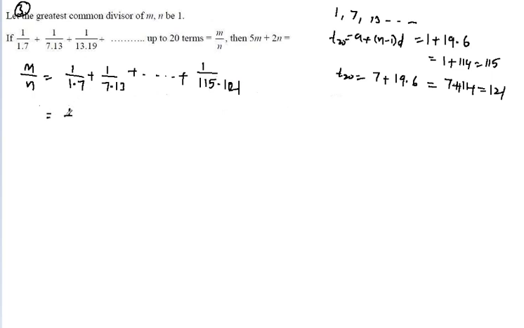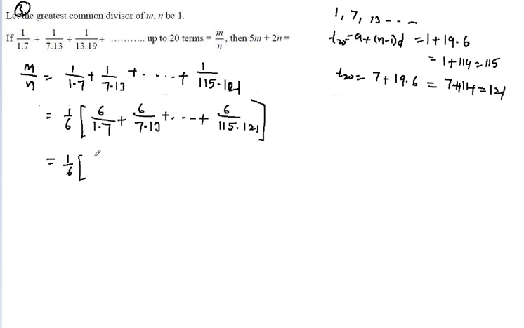So multiplying and dividing by 6, that is 6/(1×7) + 6/(7×13) + up to 6/(115×121), equal to 1/6 into, where this 6 is written as (7 − 1)/(1×7) plus this 6 written as (13 − 7)/(7×13) plus up to (121 − 115)/(115×121).